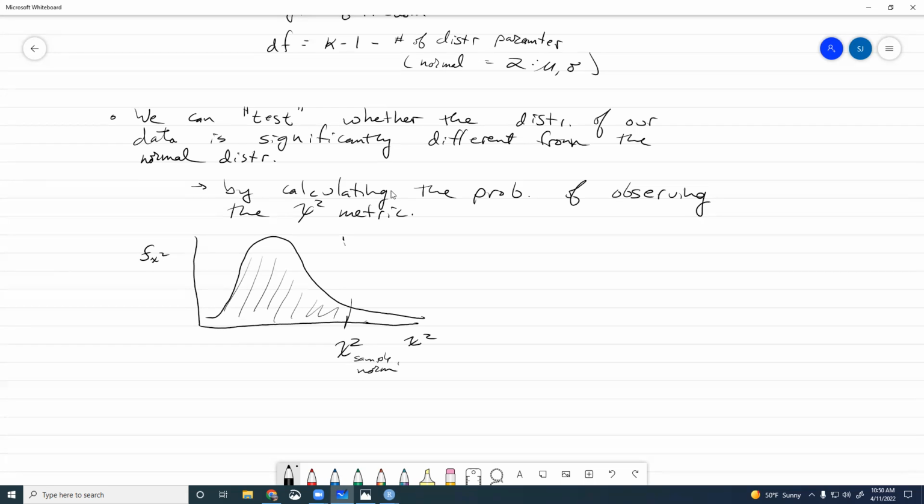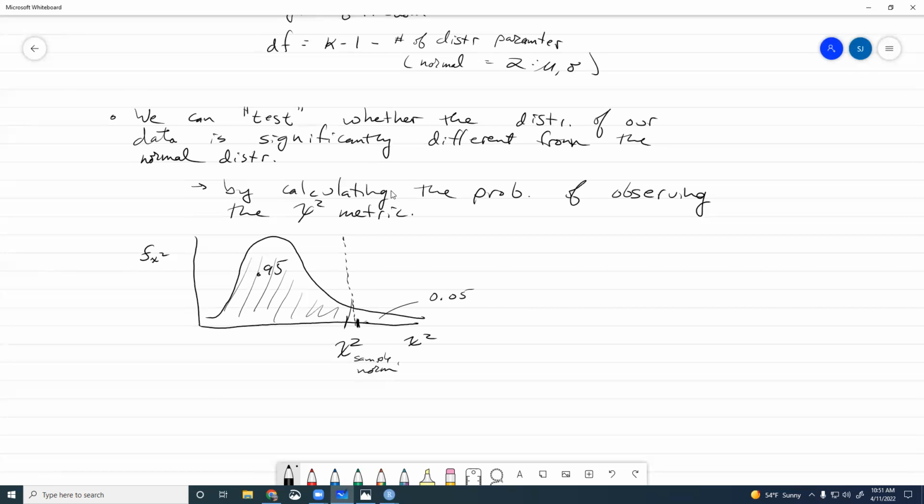And so we just set that value, and it's an arbitrary value. Typically the area under the curve should be 0.05, and this is 0.95. And if our score is high enough and we calculate the probability up to that point, and it exceeds this threshold, then we can say it is significantly different.